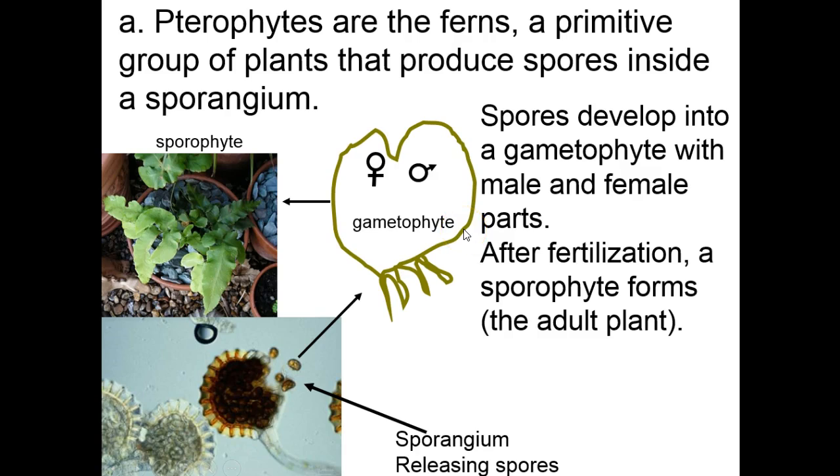It develops after fertilization into a fern, and then it forms these sporangia that are going to release spores, and the spores land on something moist, and we get a fern plant, and there's a life cycle. So no flowers on ferns. Sometimes you see people selling a fern, but if it has a flower, it's definitely not a fern.